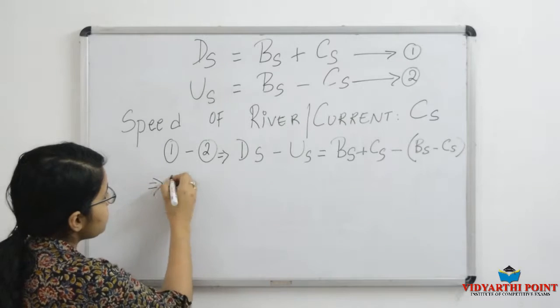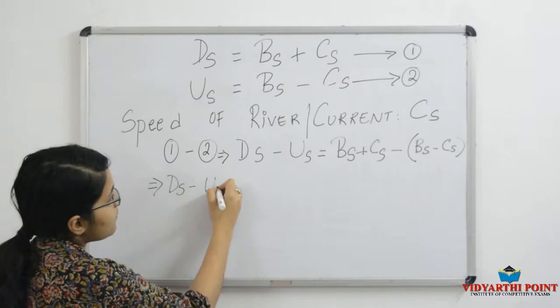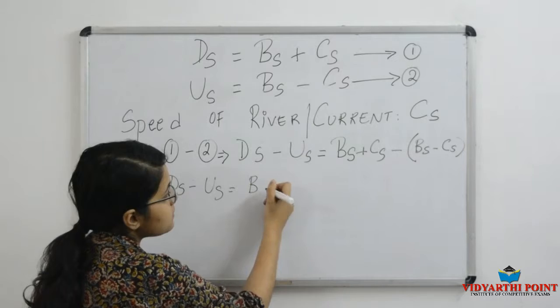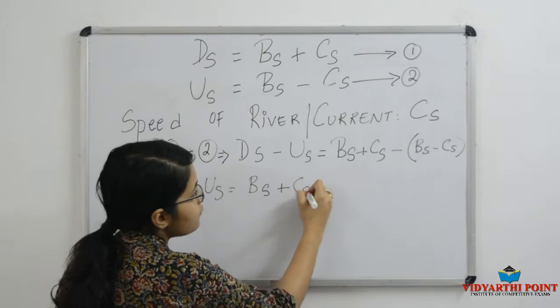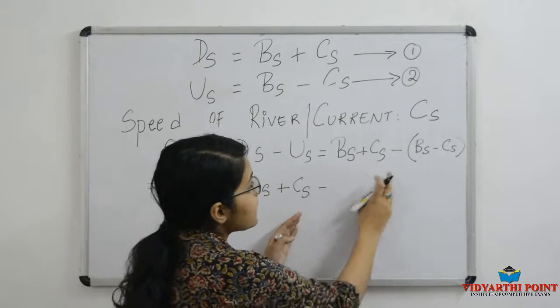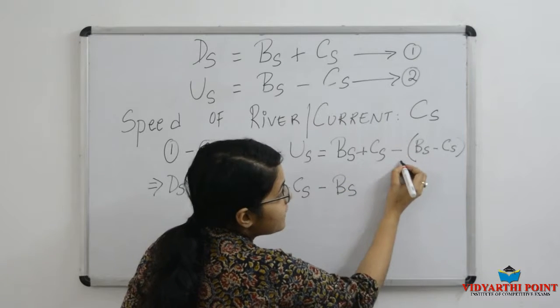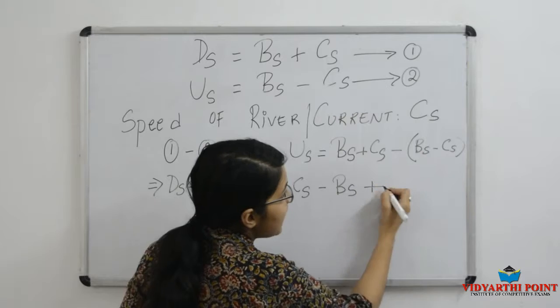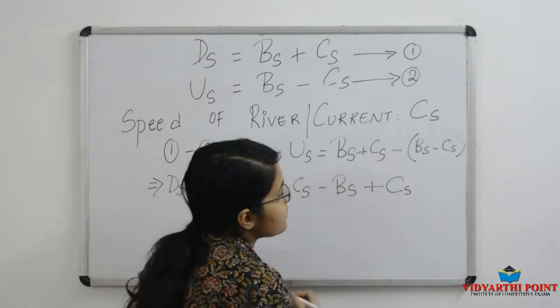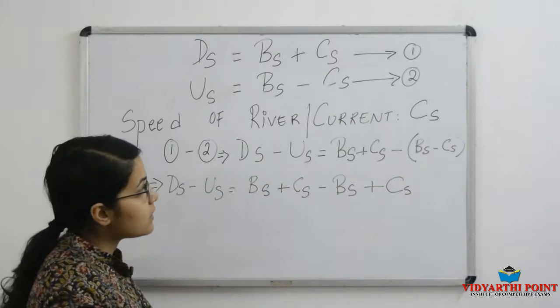Now again plus speed of current minus, this both will come minus. Now minus and minus will become plus CS, that is speed of current.